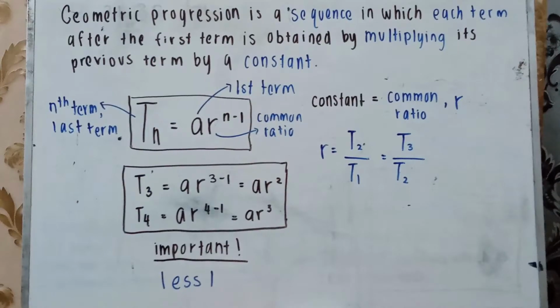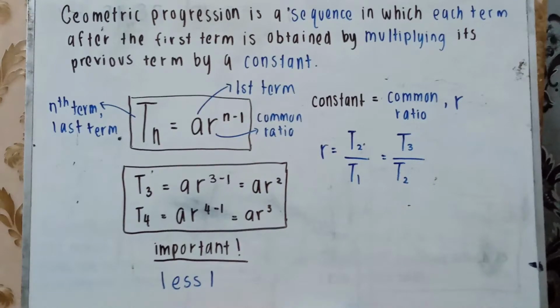Next, we will move on to geometric progression. Geometric progression is a sequence in which each term after the first term is obtained by multiplying its previous term by a constant. As you can see on the board, there is a formula on how we can get the nth term using geometric progression.